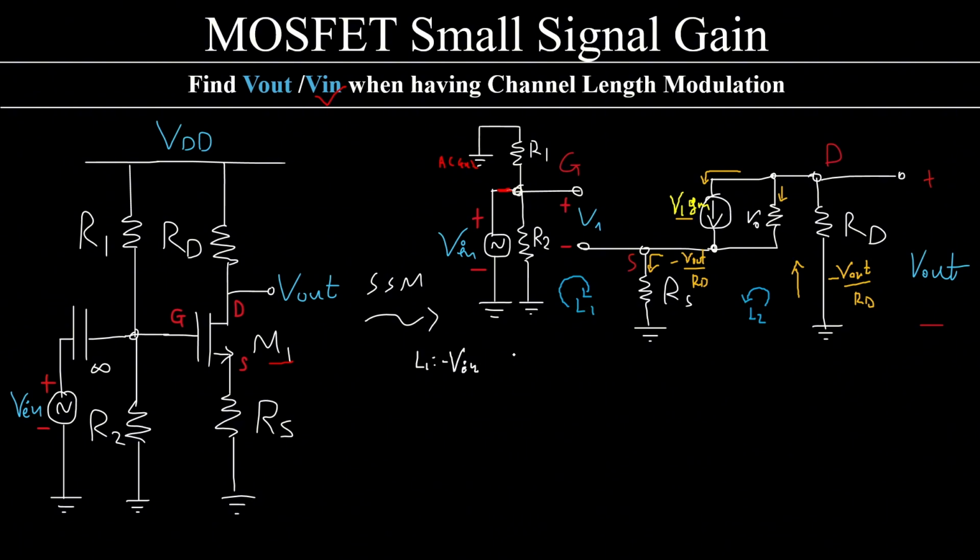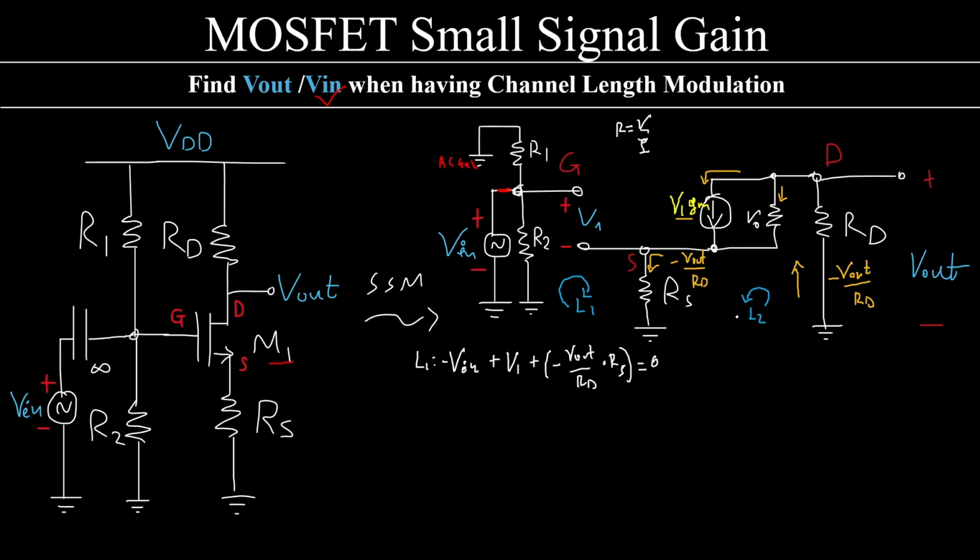Then we enter a positive terminal, I'll put a plus sign, plus V1, and then we enter again a positive terminal because the current flows downwards. So this is going to be, from Ohm's law, remember, R equals V over I, minus Vout over RG times the resistor, which is Rs.